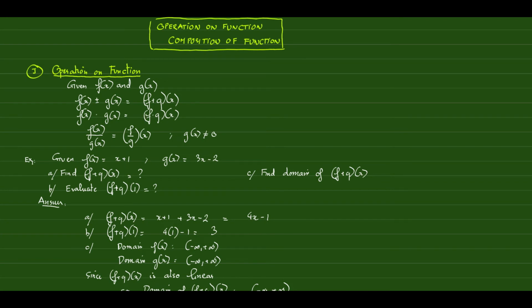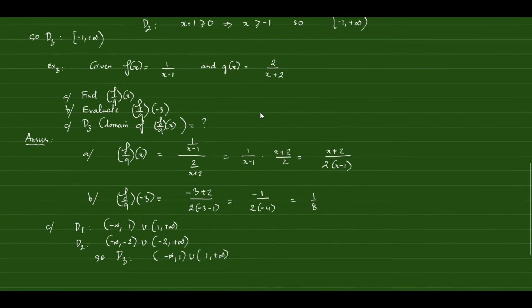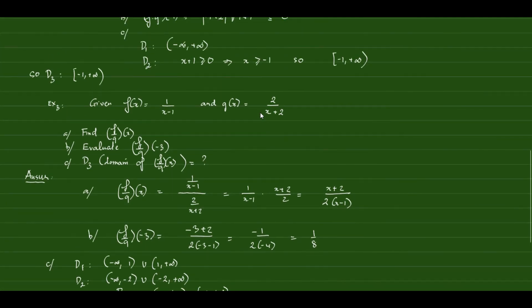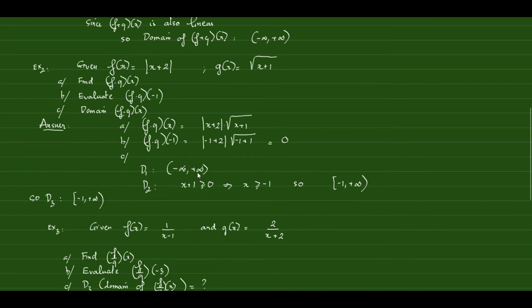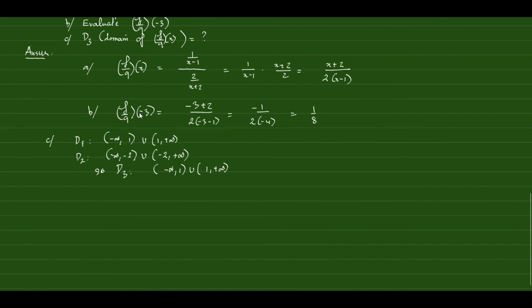Let's see, I can give you another one, just in case you see something like this in your homework. It still depends on the function. I'm going to give you another one, but this is for you.